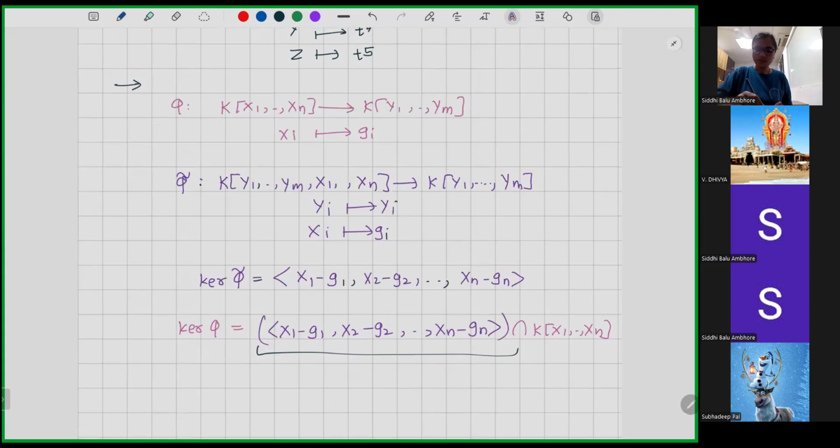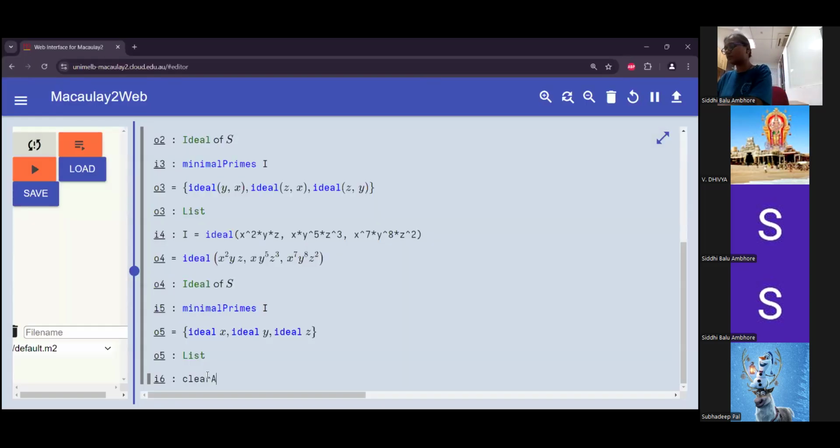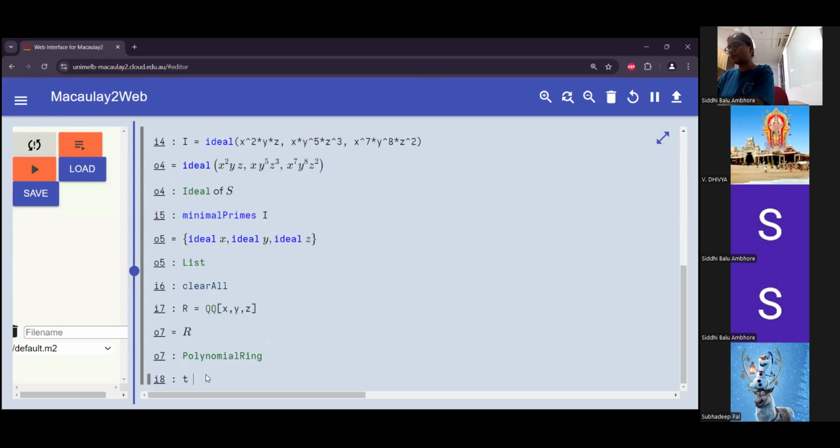Okay, it has this code. Let me share this screen. We define this map again. My ring R is QQ[x, y, z], and let T be the ring QQ[t].